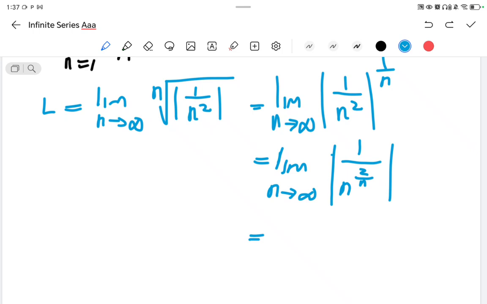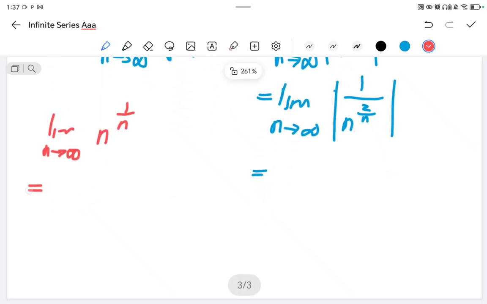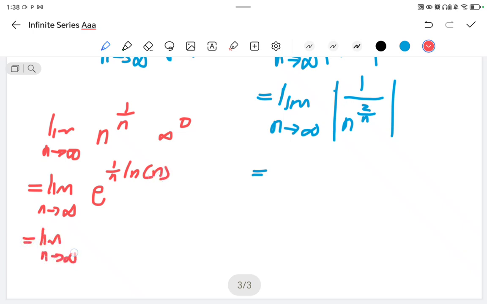So here's how the limit will be. Let me do this limit. If we do the limit as n approaches infinity of n to the 1 over n, if we plug in, we're going to get infinity to the 0. What did I tell you if you get something like this? You introduce ln, right? So we're going to introduce e to the (1 over n) ln n. Then this will be the limit as n approaches infinity of e to the (ln n over n).